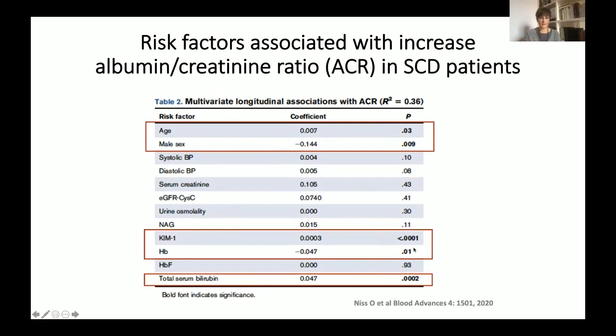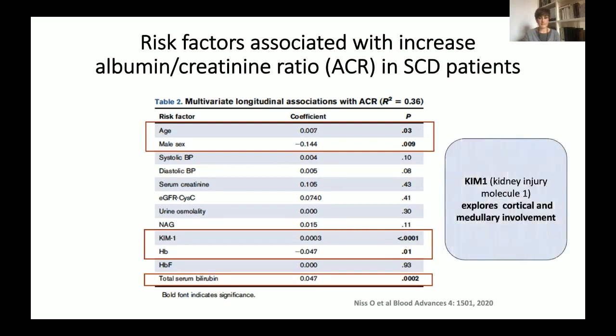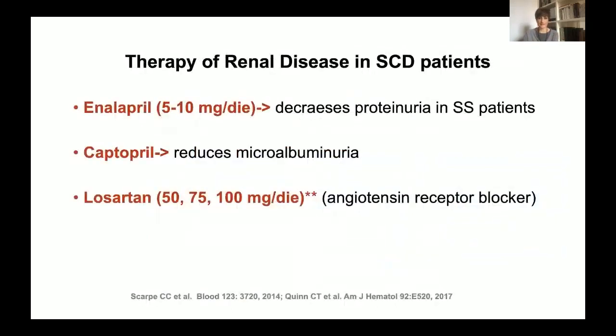And of course, in this study we evaluated one parameter, KM1, which explores blood, cortical, and medullary involvement, showing that this may also be used as a parameter to evaluate kidney involvement in adult patients with sickle cell disease.